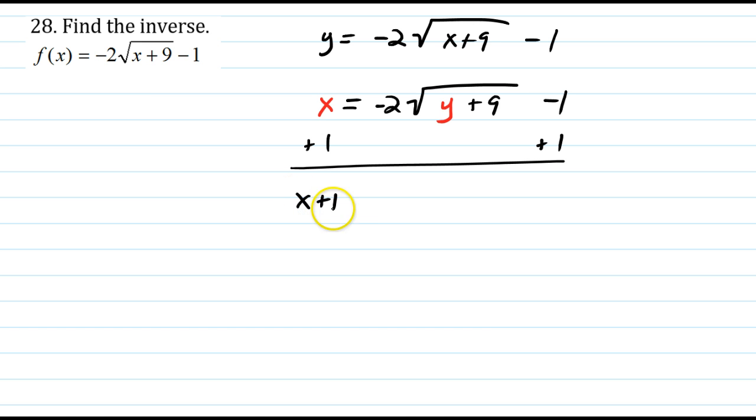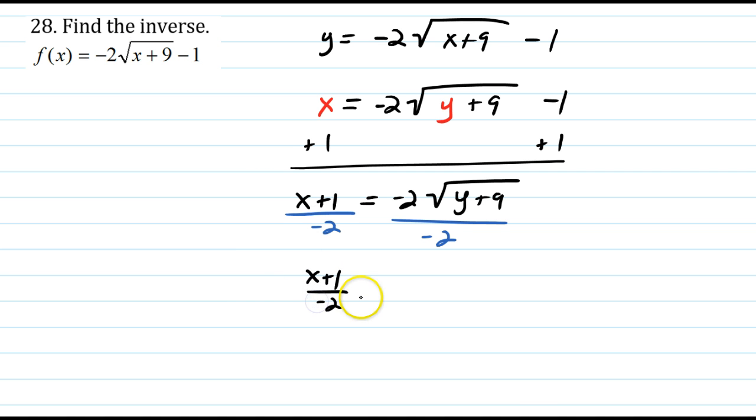So we get x plus 1 equals negative 2 times the square root of y plus 9. Now we want to get rid of that negative 2, so we're going to divide both sides by negative 2. And so we have x plus 1 over negative 2 equals the square root of y plus 9.